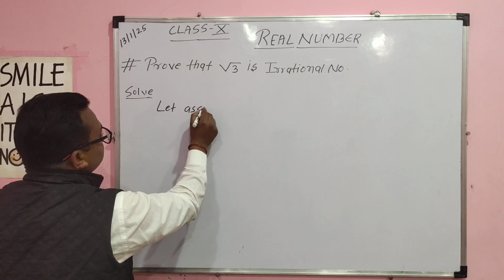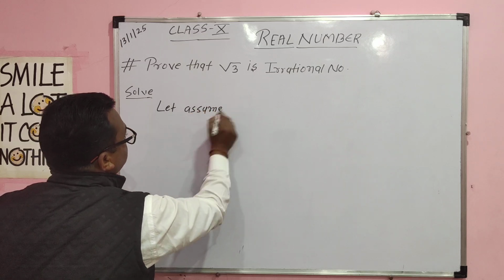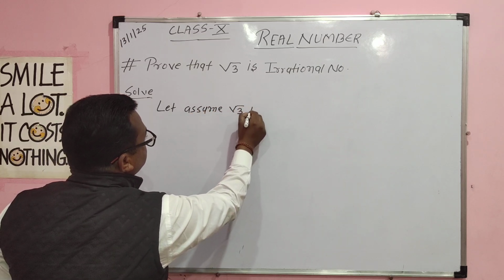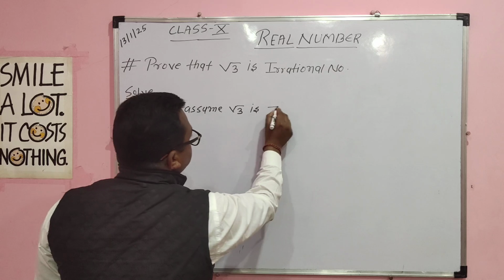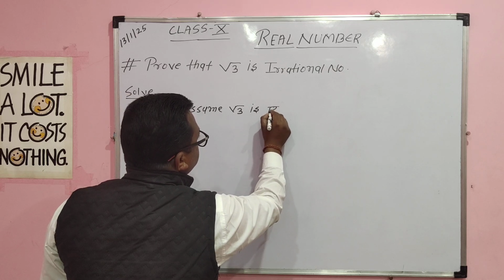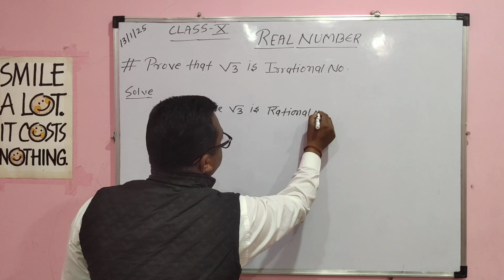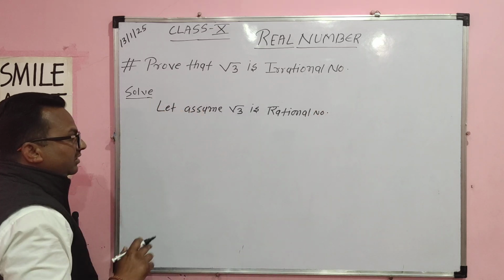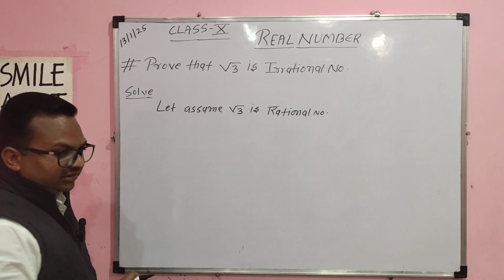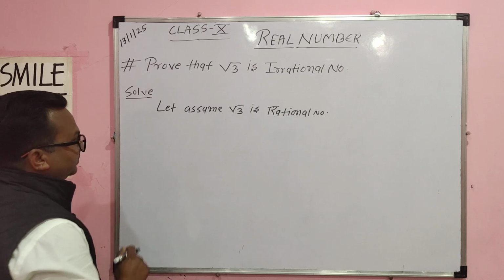So let us assume √3 is a rational number, not an irrational number. What is the meaning of a rational number? A rational number is a numerator upon denominator.